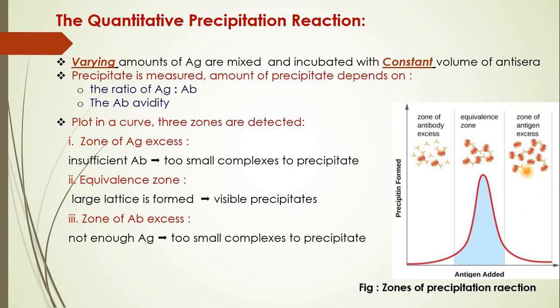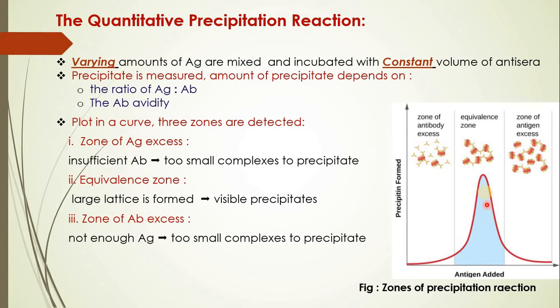Here it is shown, when the antigens are in large quantity as compared to the amount of antibody, or in other words there is a small volume of antibody. As a result, the complexes which will be formed will be very few, right? And that is why when you plot a graph, you will get a curve which is minimal in nature.